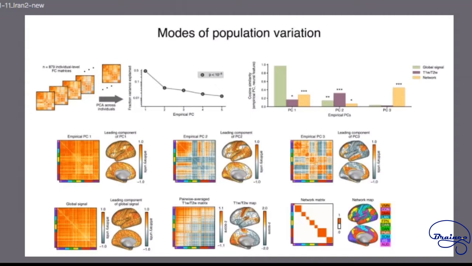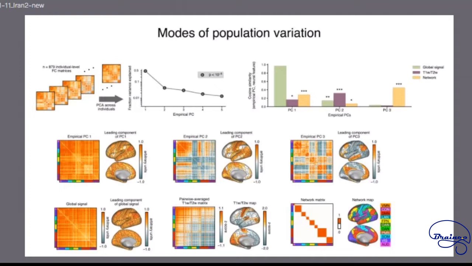Our empirical PC1, on the bottom left here, has this global increase. In other words, the dominant way in which individuals differ in their functional connectivity matrix is in this global shift, where everything's increasing or decreasing together, which looks like global signal. So we can interpret the first principal component as related to global signal.